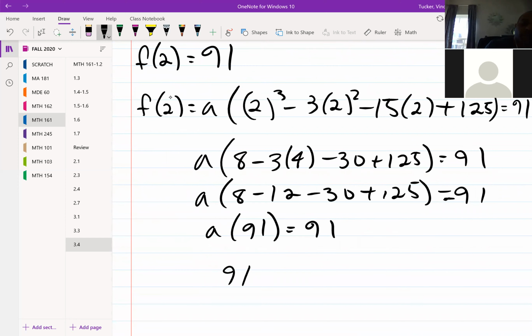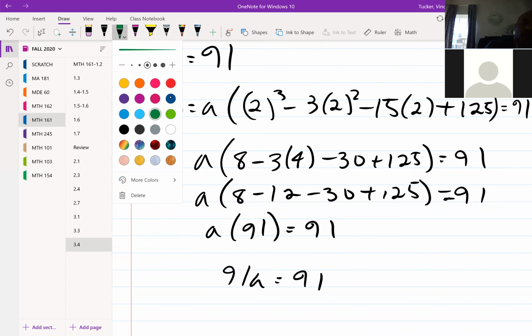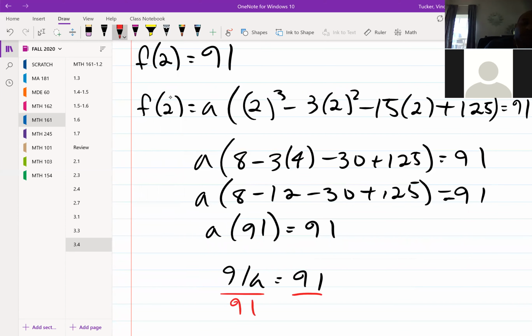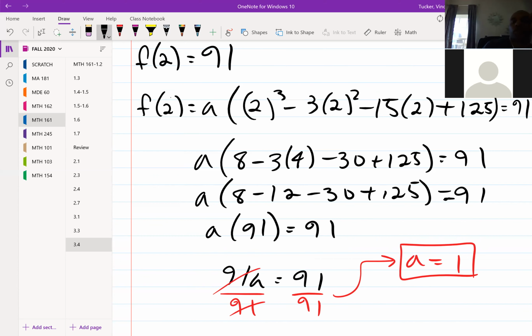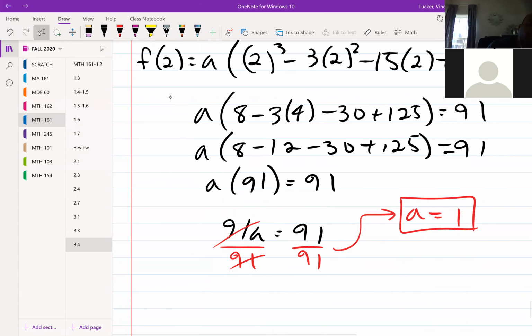So we have 91a equal to 91. So solving for a, we would just divide both sides by 91. That just means a is equal to 1. So there's nothing for us to distribute. We go to f of x.